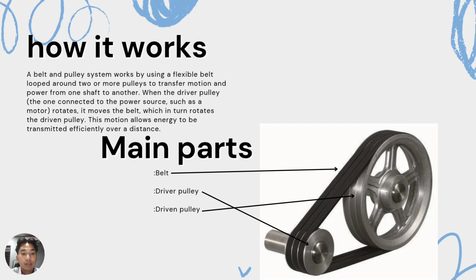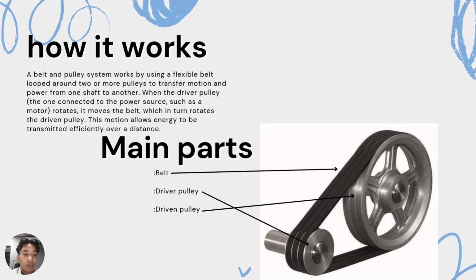These are the main parts. There are three main parts, which include the belt, driver pulley, and driven pulley. The driver pulley is the small one that pushes the bigger one. A belt and pulley system works by using a flexible belt looped around two or more pulleys to transfer motion and power from one shaft to another.